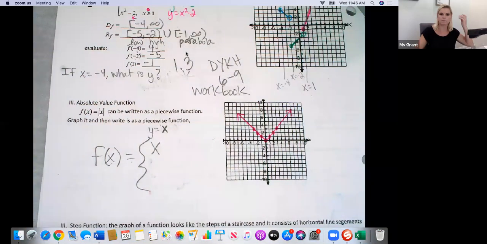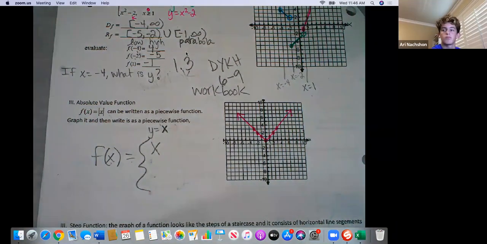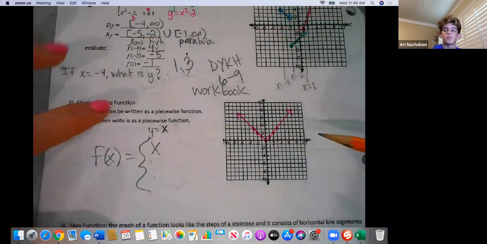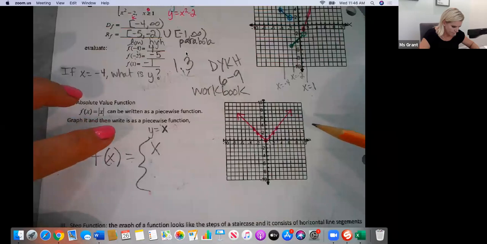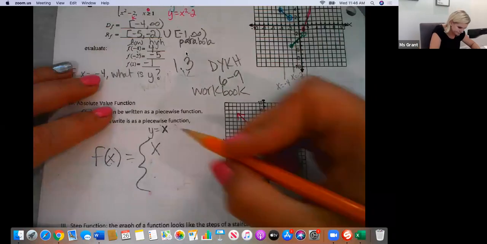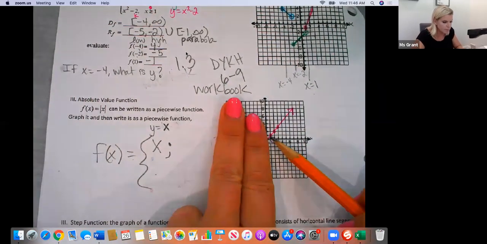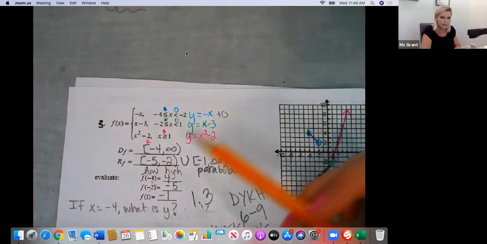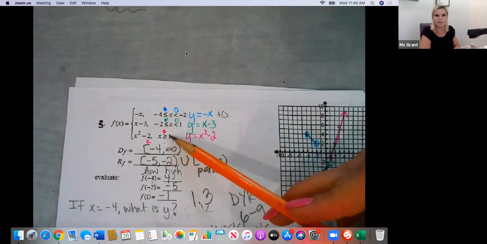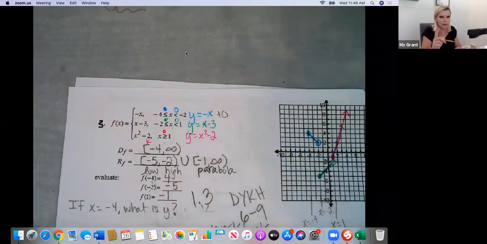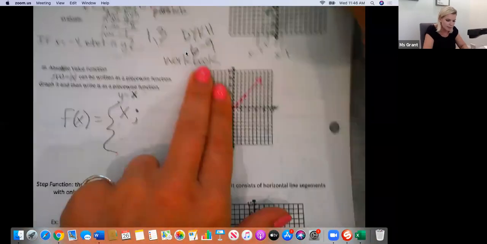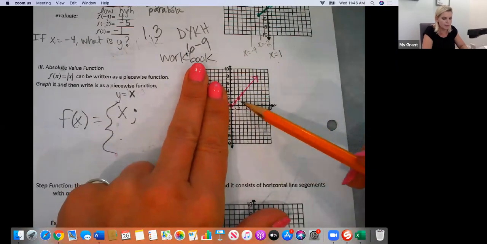Okay. Now, my restrictions. Remember how my restrictions are written in this format? Like an x is greater than something, or if it's in between. This is not in between, because it goes on forever. So it's going to be greater than something.